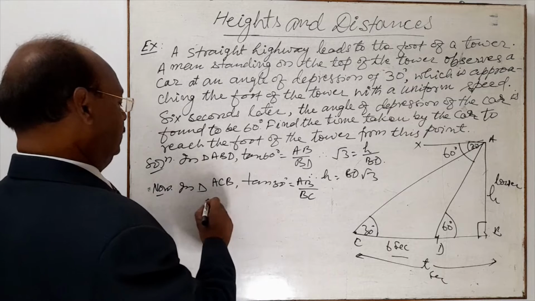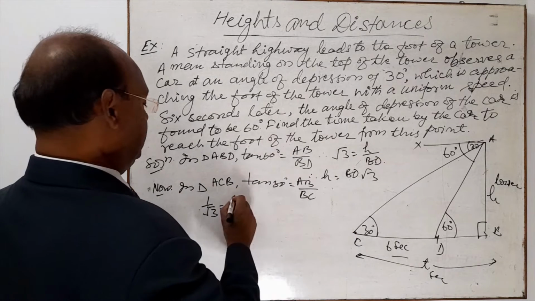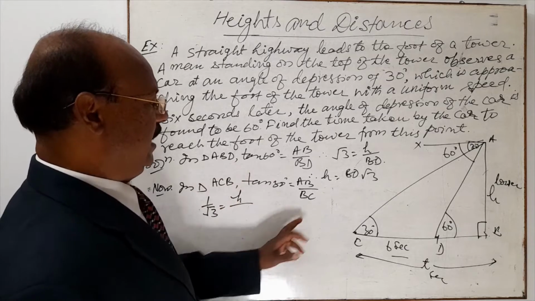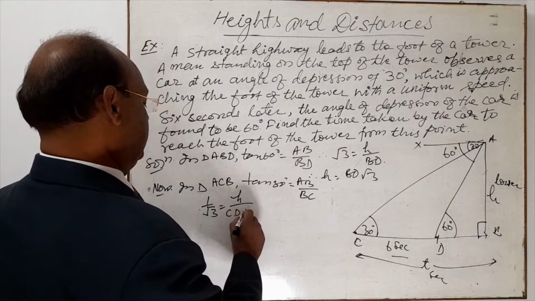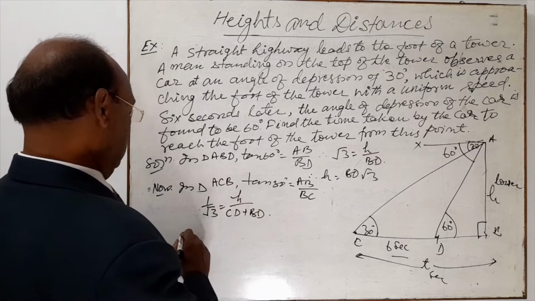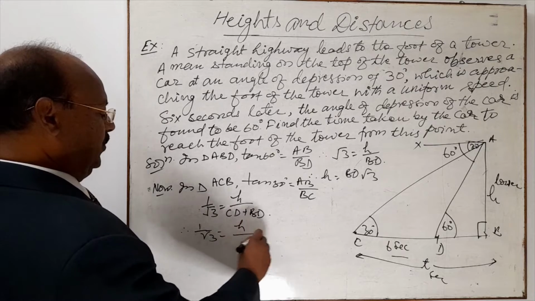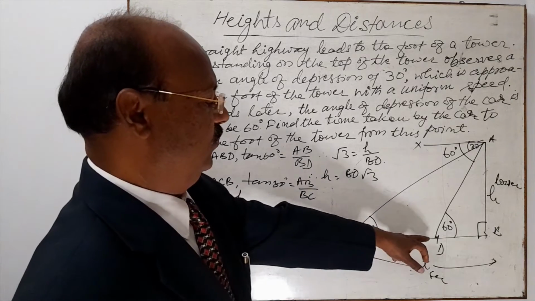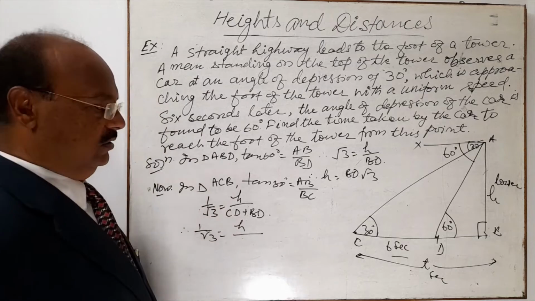Tan 30 is, you know, 1 by root 3. AB is H and BC can be written as CD plus BD. CD plus BD. And therefore 1 by root 3 is equal to H upon CD plus BD.